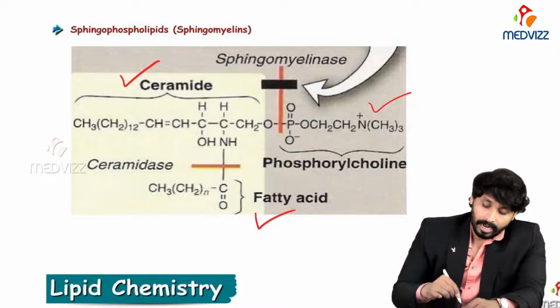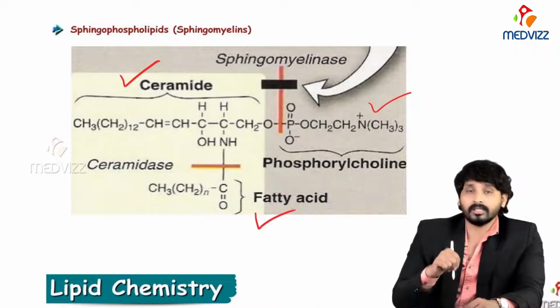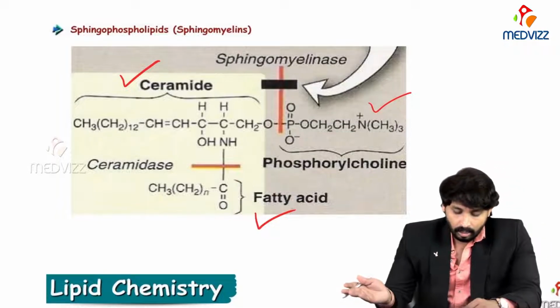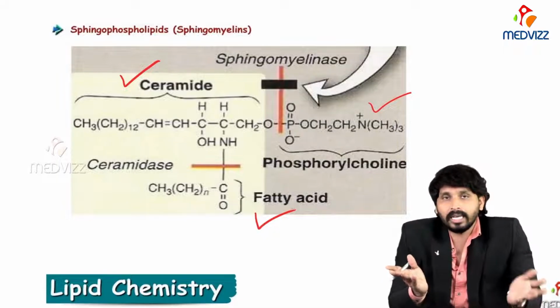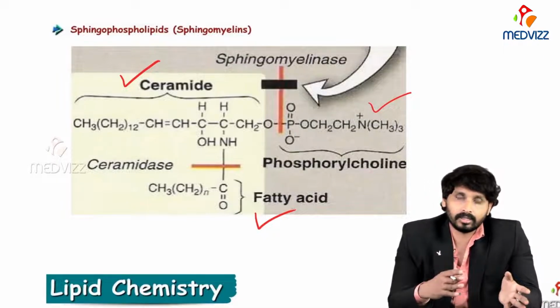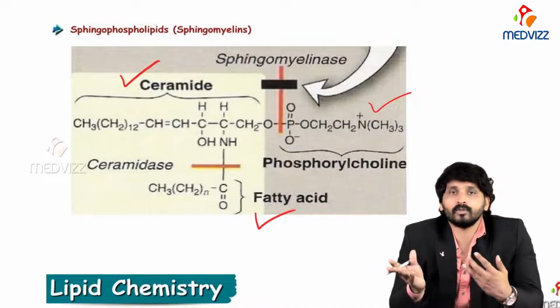The sphingomyelinase enzyme hydrolyzes or breaks down sphingomyelin into phosphorylcholine, ceramide and fatty acid. If this is not there, sphingomyelin is going to accumulate in tissues, liver cells or lymph nodes, causing a disease, Niemann-Pick disease.